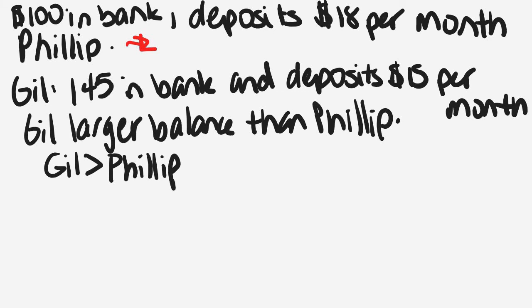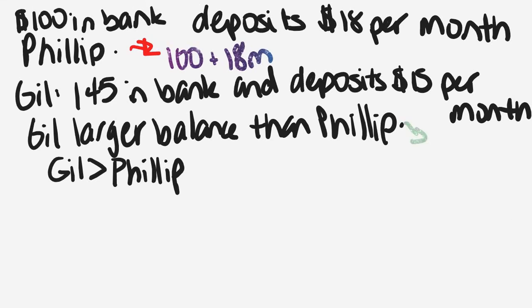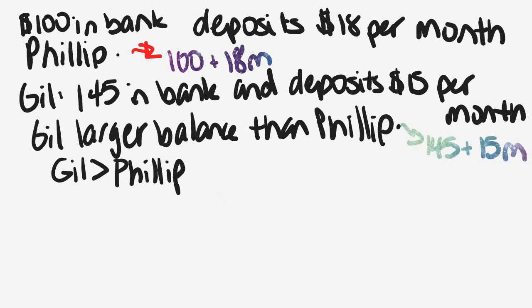So for Philip, I have that he has 100. Why are you acting like this? Okay. This thing makes arrows. I get it. All right. So $100 in the bank, and then he does $18 a month. Now this one is 145 plus 15m. All right. So let's put some mathy terms in here.